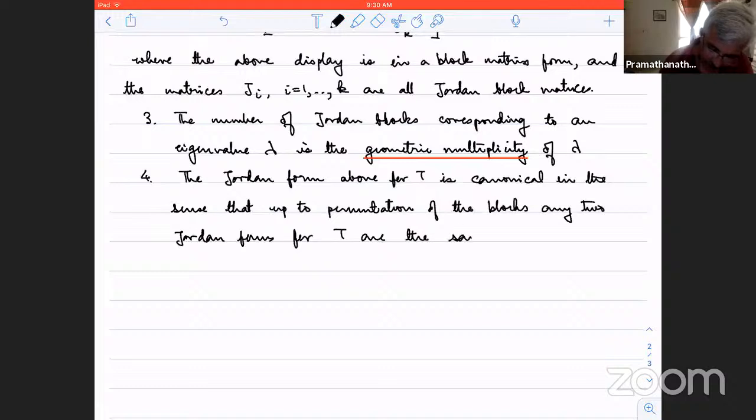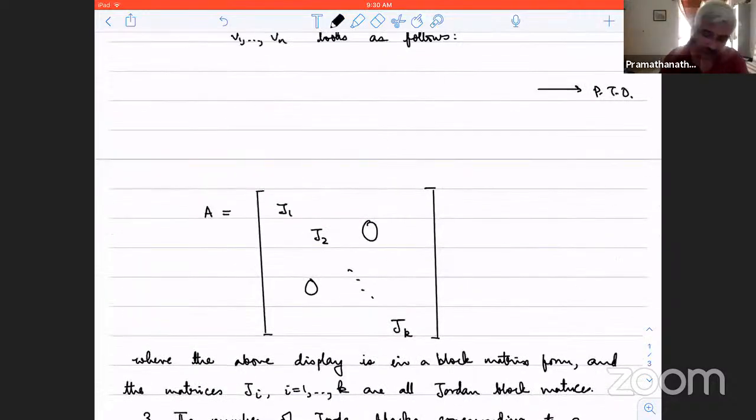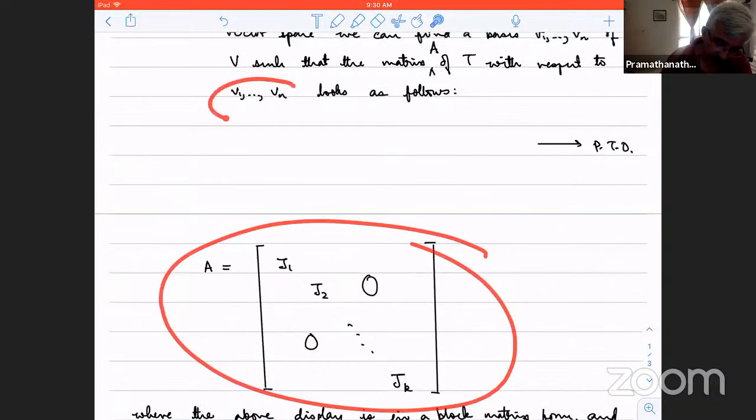Even if you choose a different set of bases, it also breaks up. So this is pretty much canonical. I'm not saying that the basis is canonical. I'm not even saying that any two bases would be permutations of each other.